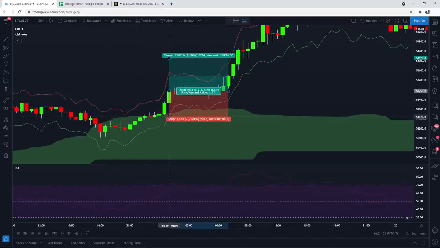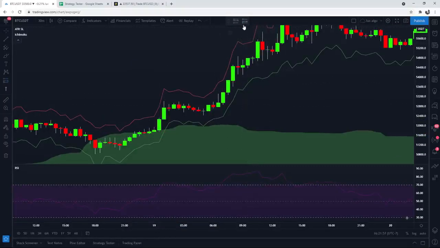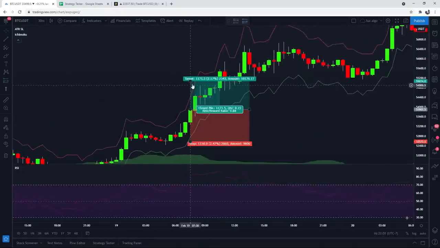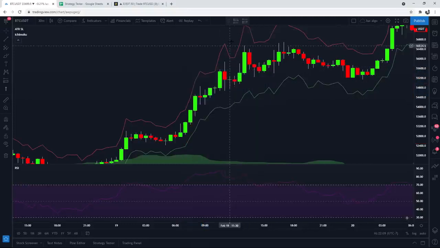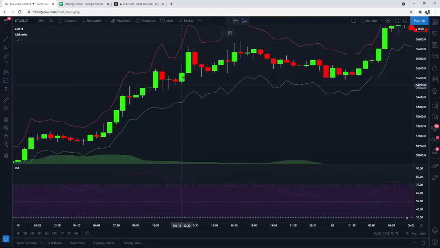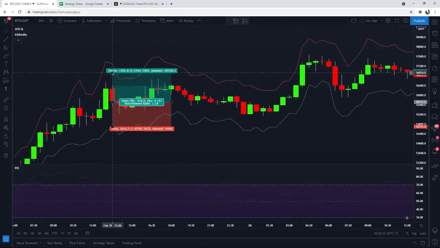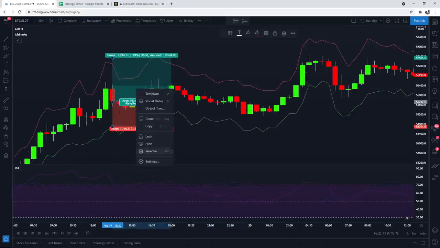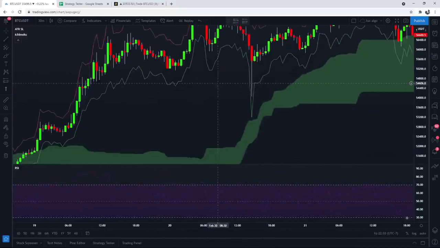Just like with the Schaff trend cycle that this strategy was using, we have overbought here. So that's where we'd be buying, and then you get a winning trade, you exit it, and then suddenly you enter right into another one right here. So on a strong trending environment, you're getting a bunch of wins in a row, and that's how you get these big winning streaks where the trend is strong.